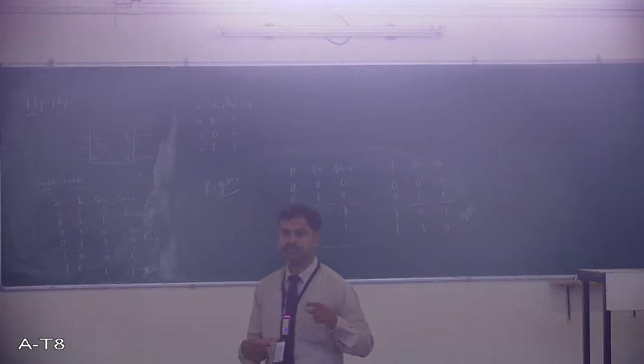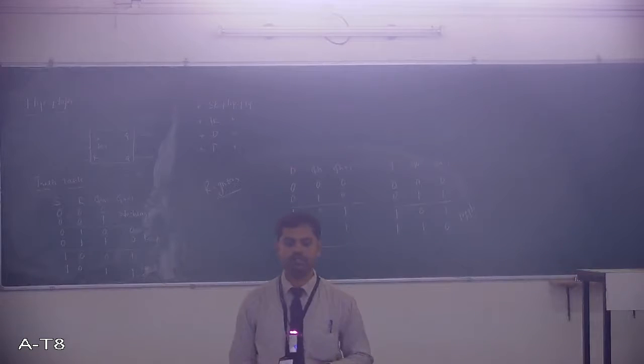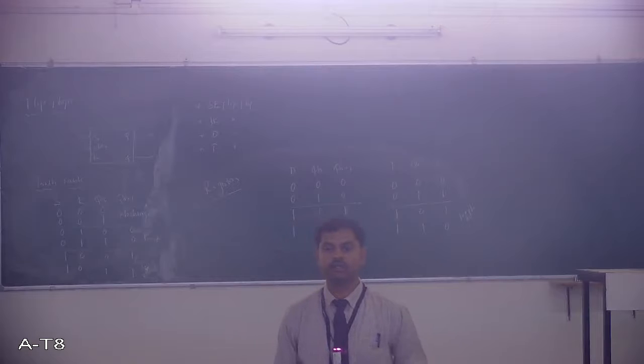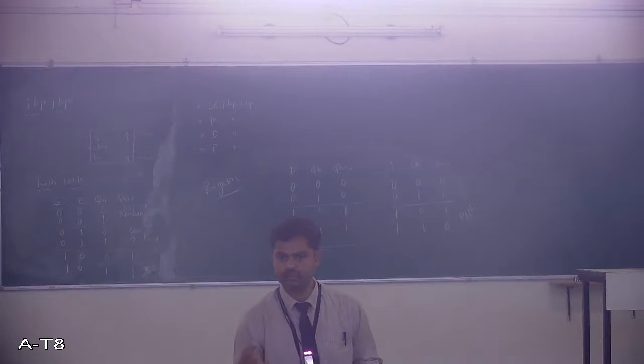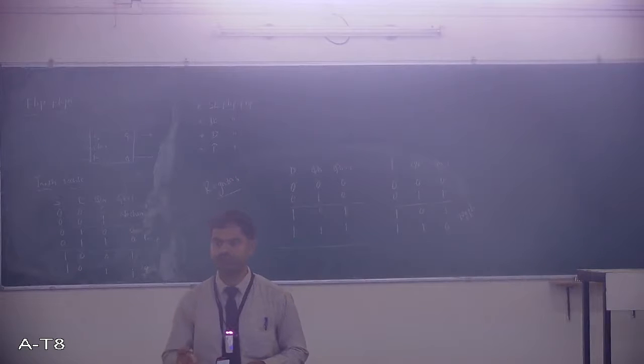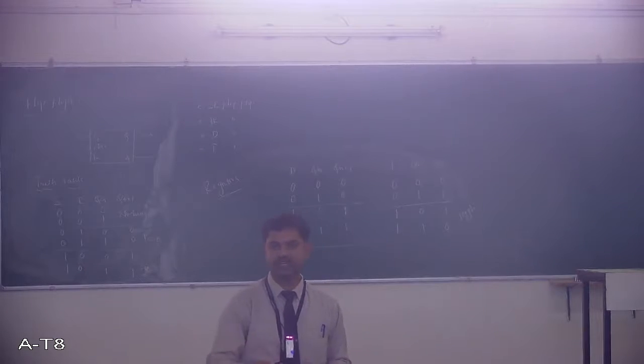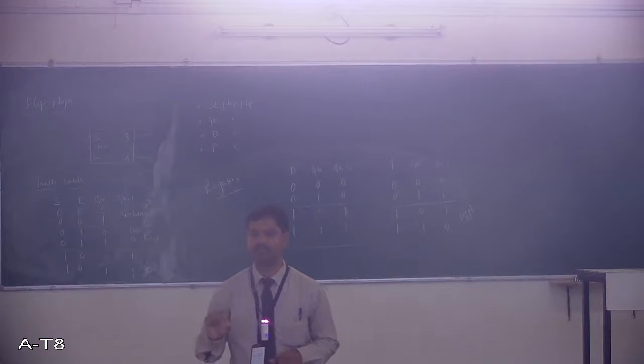For every flip-flop there is a truth table. Before that, I can give you one small difference between latches and flip-flops. The latch also performs the same thing. It can store the binary information, and flip-flops will be constructed using latches. The difference is only this much.